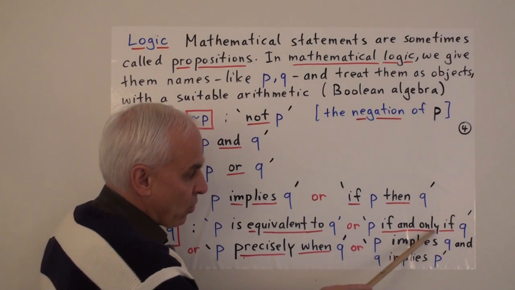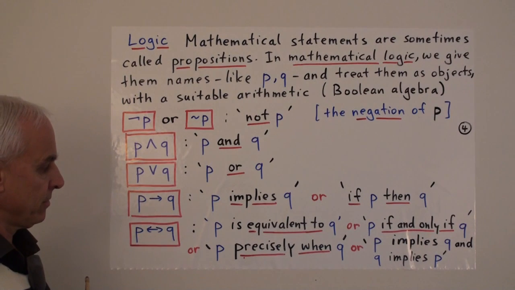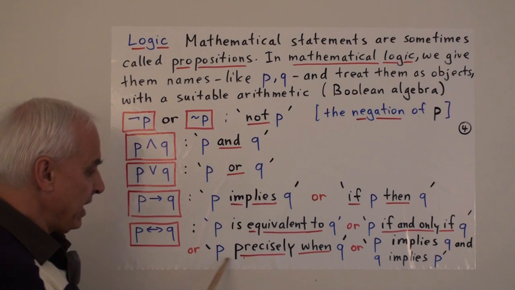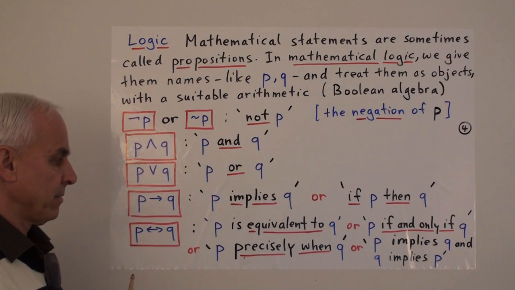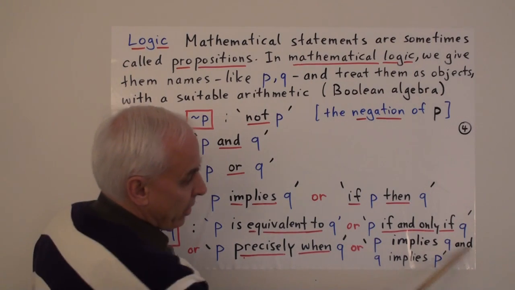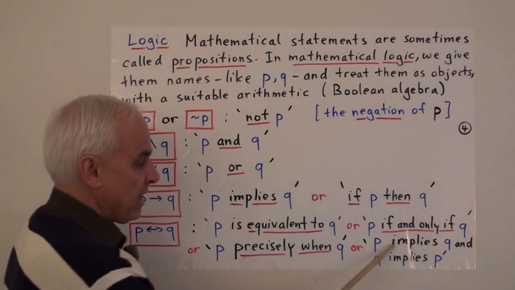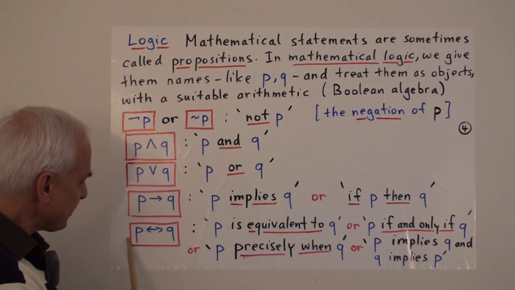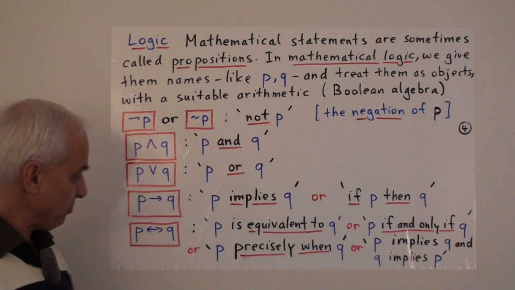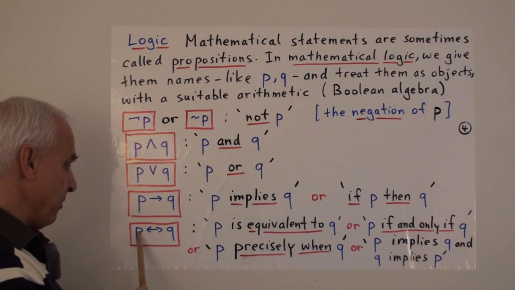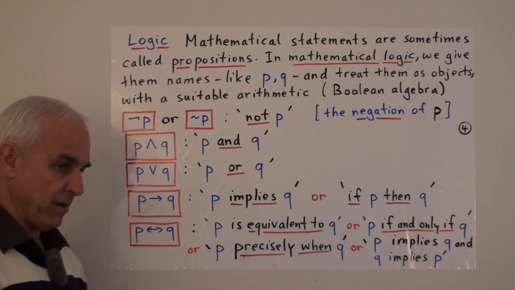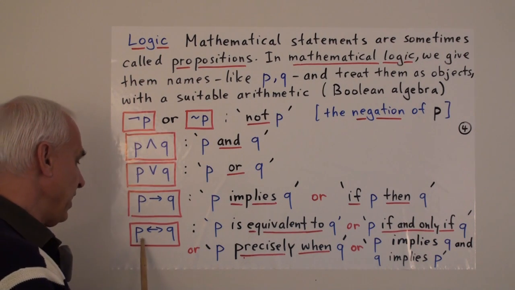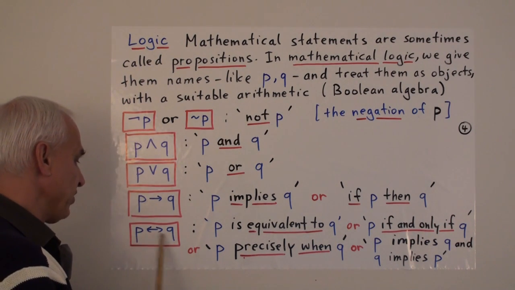P if and only if Q. A statement that I prefer, another way of saying this is P precisely when Q. A longer way of saying it is that P implies Q and Q implies P. So this statement here has together inside it sort of two of these. One with P implying Q and the other one with Q implying P. So if both of them are true, then P is equivalent to Q, or P if and only if Q, or P precisely when Q.